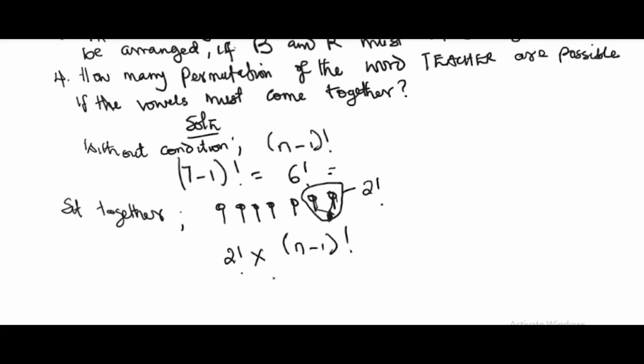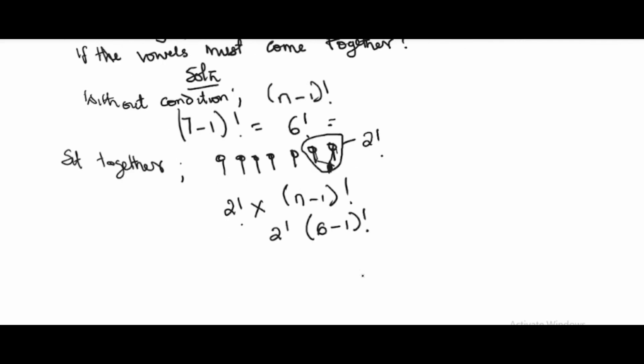So what's our n in this case? They are no longer 7, they are now 6. I hope you know why they are now 6, because the father and the mother are counted as 1. I also hope you know where this 2 factorial is coming from. In as much as they are counted as 1, we don't know how they are seated, whether it's father before mother or mother before father, that's the 2 factorial, which is 2.